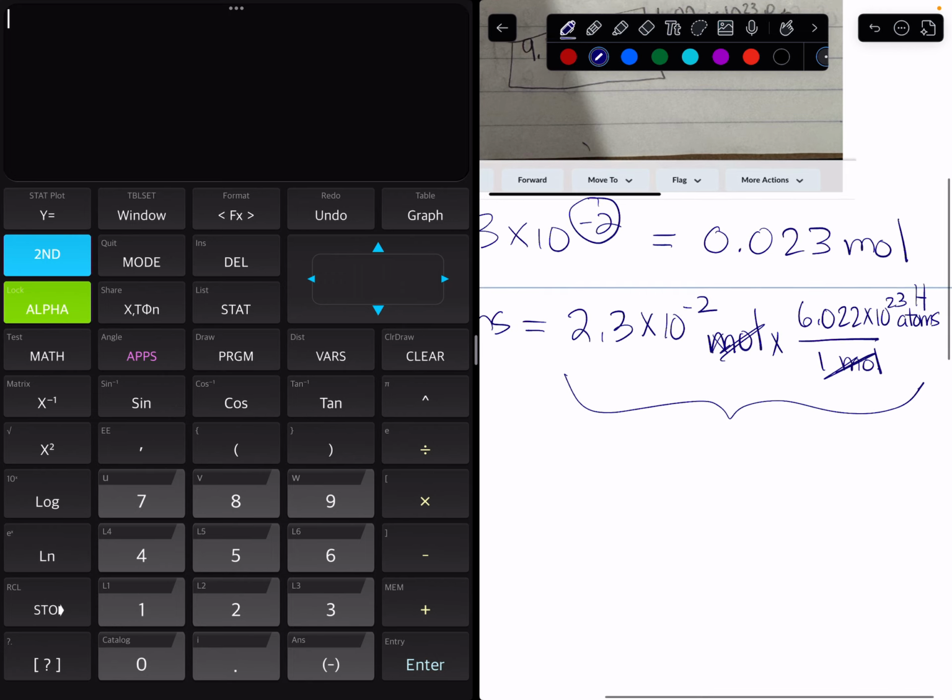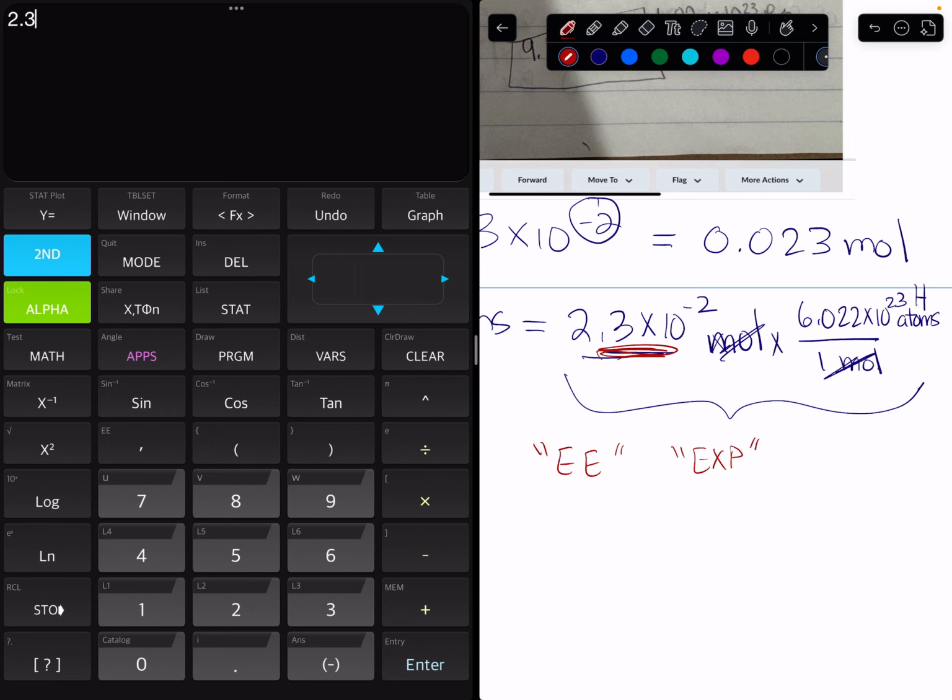They all work similarly. I'm going to punch in the 2.3 times 10 to the minus 2 by pushing 2.3. And then the times 10 to the minus 2 is going to be labeled as EE or EXP, typically on a scientific calculator.